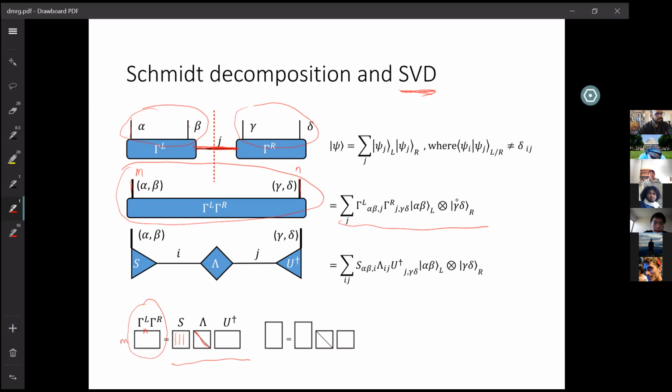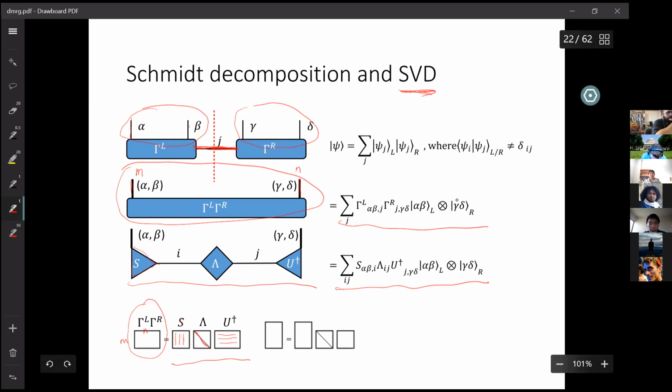U dagger here is also a unitary matrix, and it has its row vectors orthogonal to each other. In the tensor network language, we'll write it this way. Here we use a triangle to represent the fact that S has column vectors orthogonal to each other. So now we have written the wave function in this form.